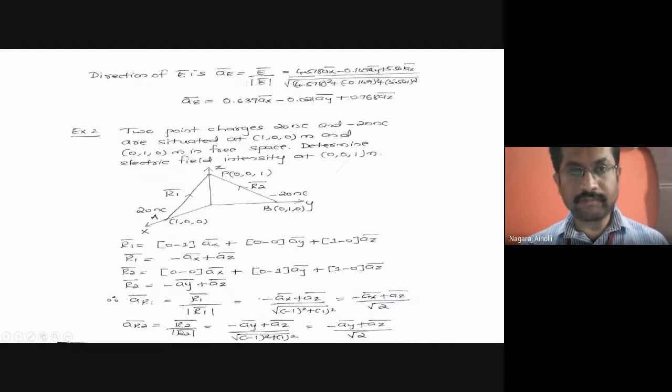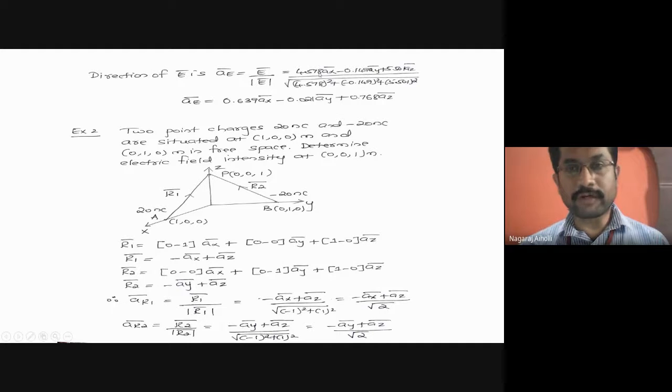Next, we have found out the vector E. Next we have to find out its direction. If you want to find the direction of E bar, how do we find it? We know that the unit vector is given by the given vector divided by its magnitude. So direction of E bar is E bar, the given vector, divided by its magnitude.